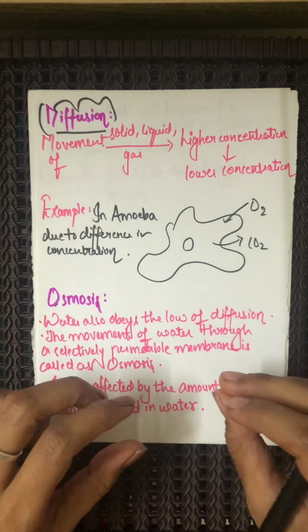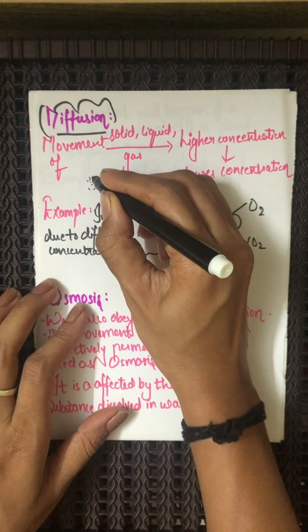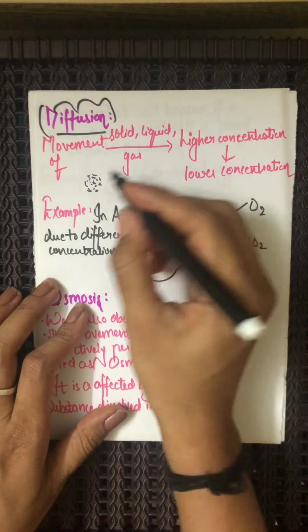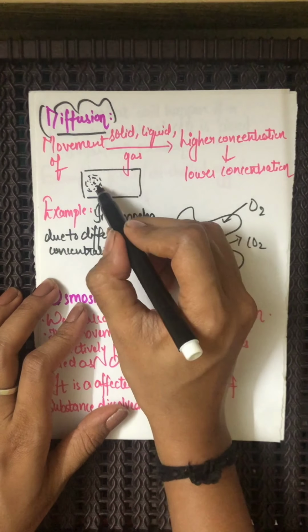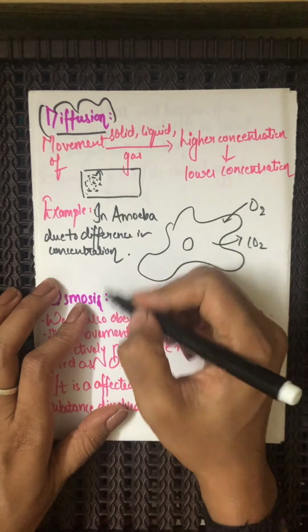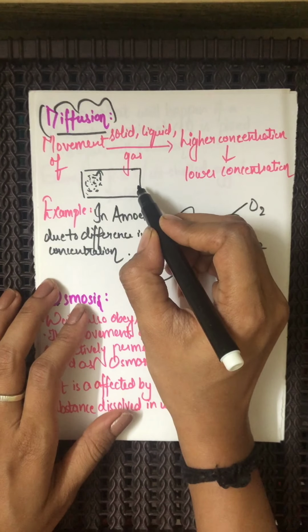So why does this happen? That is, the molecules which were being sprayed over here and in the rest of the room. Yes, so over here the concentration of the molecules was high, and over here the concentration of the molecules was low.